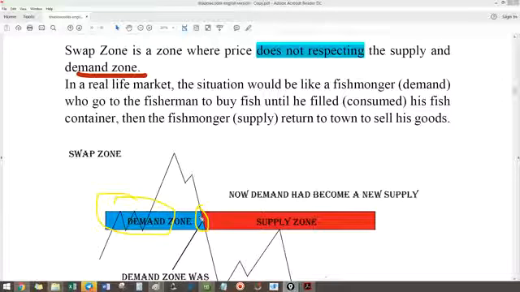The seller has a huge order, so the demand zone has already been filled. Now when the price returns, it will become a supply. The fishmonger returns to the town as a supplier to sell his goods.